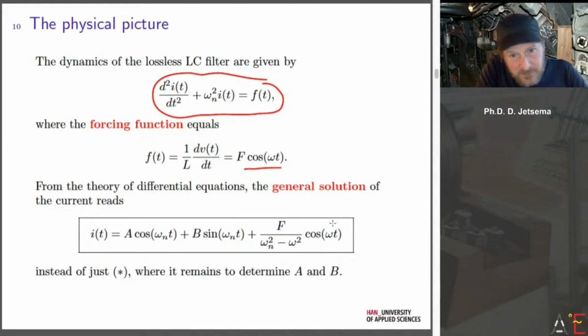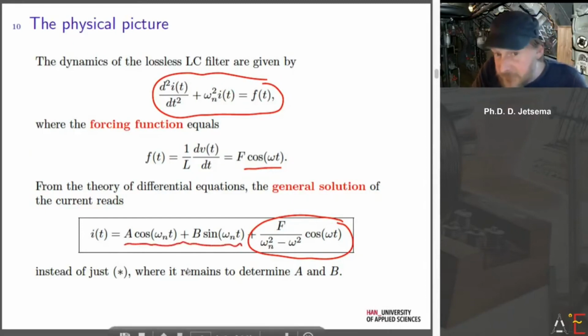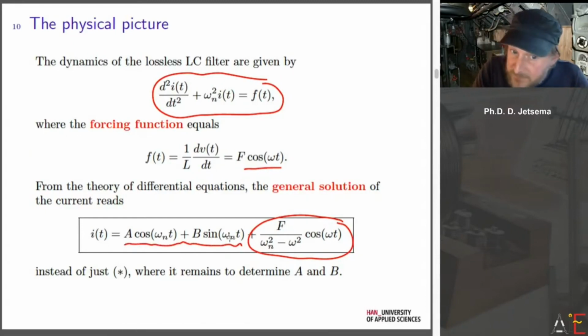And here you see this particular solution, which stems from the phasor analysis on the previous slide. But we get an extra part here, which is the homogeneous solution, which is not taken into account by this phasor algebra.